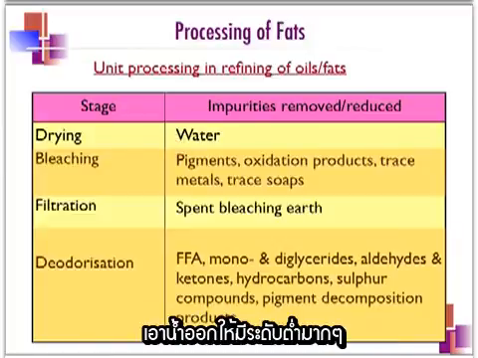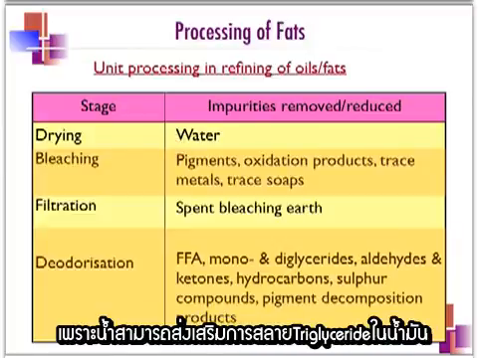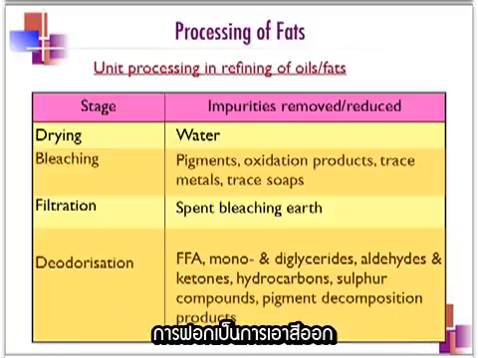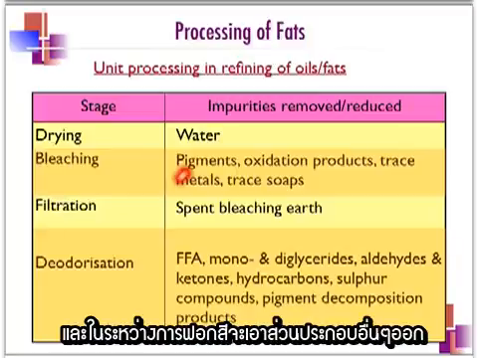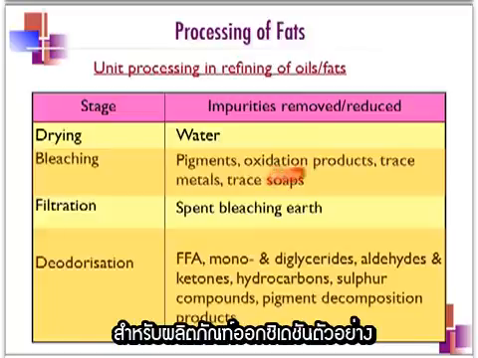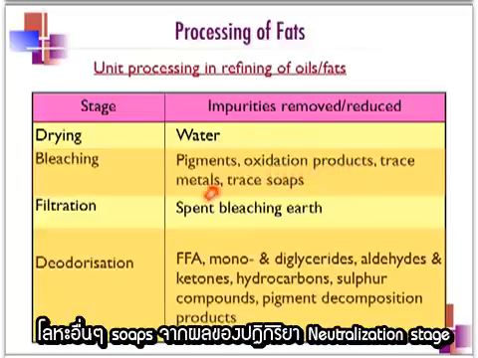So the water has to be removed to a very, very low level, because water can promote hydrolysis of the triglycerides in the oil. Bleaching is a process to remove color, the pigments which give the color of the crude oil. And during bleaching we also remove other components, for example the oxidation products, more trace metals, and the trace soaps which result from the neutralization step.